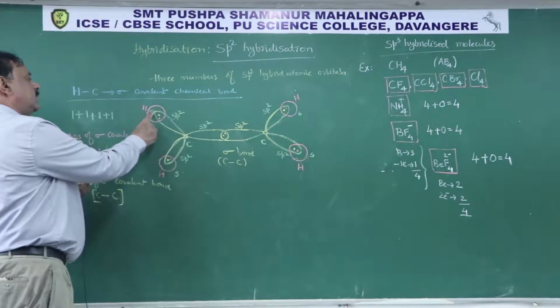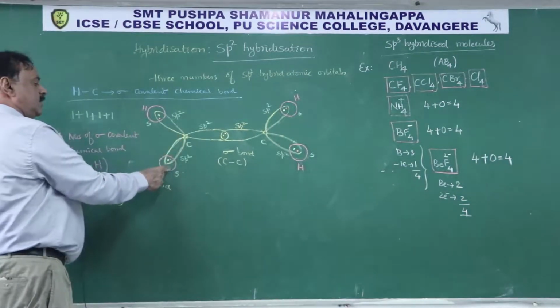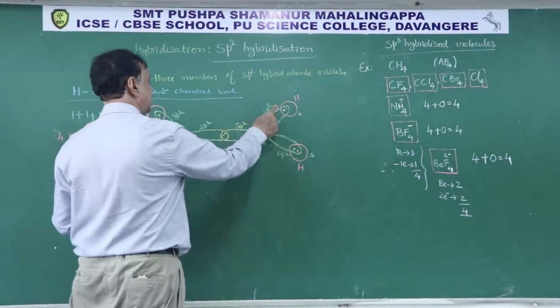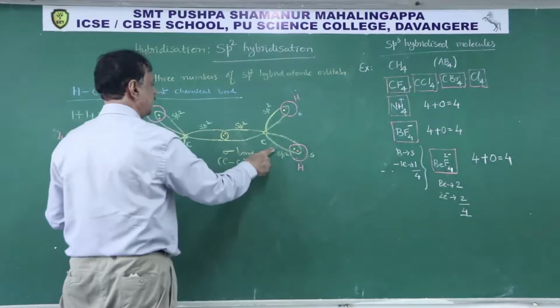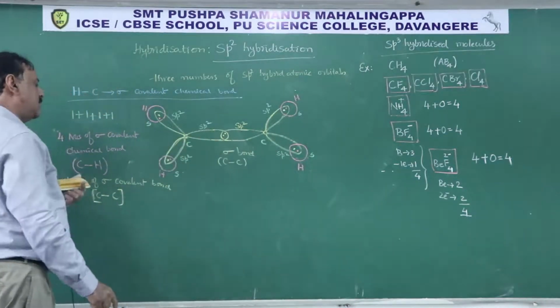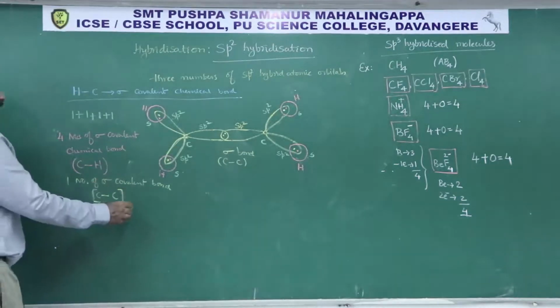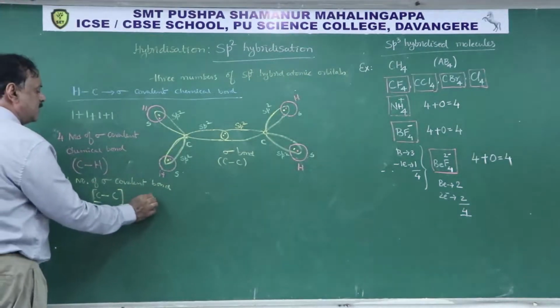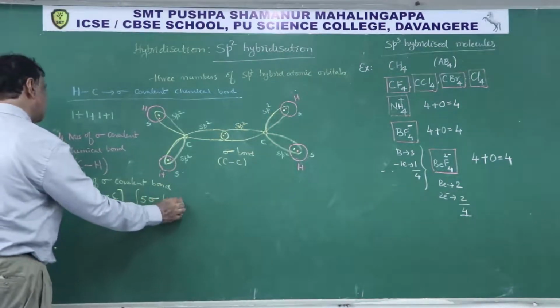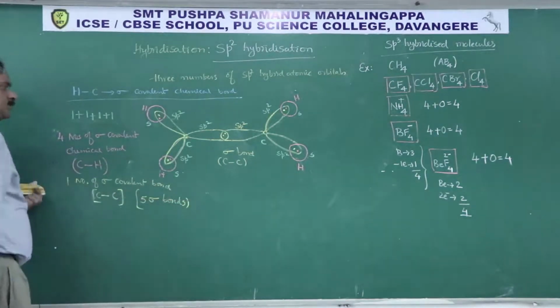Carbon-hydrogen sigma covalent chemical bond, number one. Number two. Number three. Number four. Carbon-carbon sigma covalent chemical bond, number five. Therefore, totally we have five sigma bonds in the ethylene molecule.